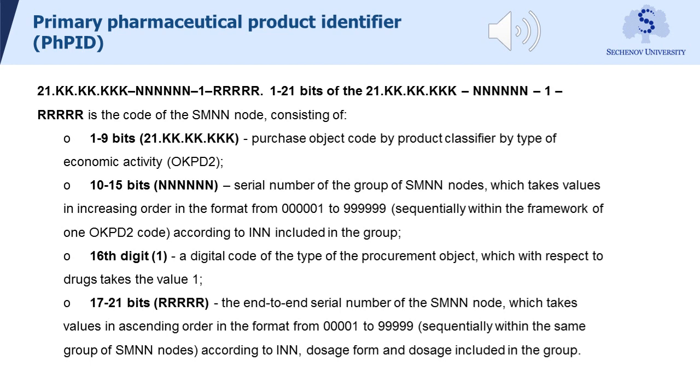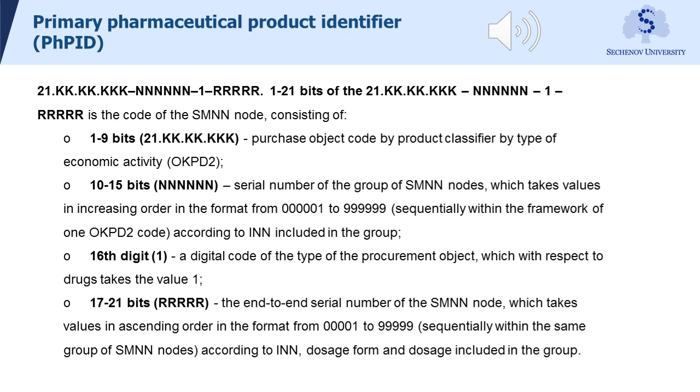It is a bit complicated and consists of several groups of digits. First of all, it's purchase object code of product classifier by type of the economic activity. It's very high level identification. We can tell that this is a drug and it's a drug to treat some group of diseases.